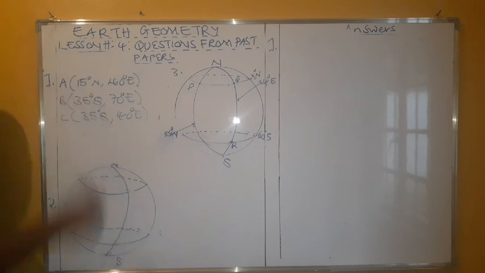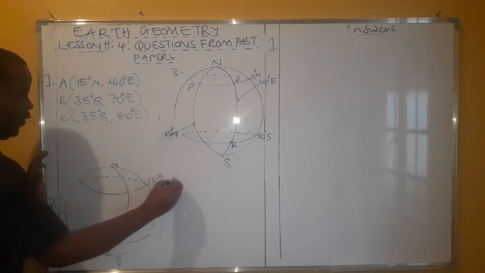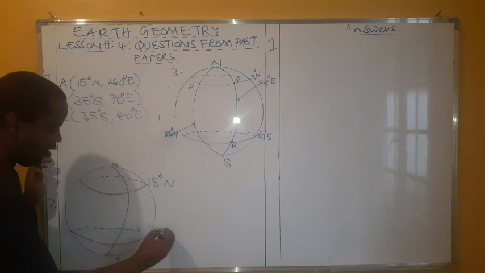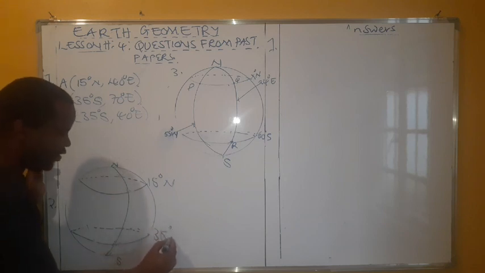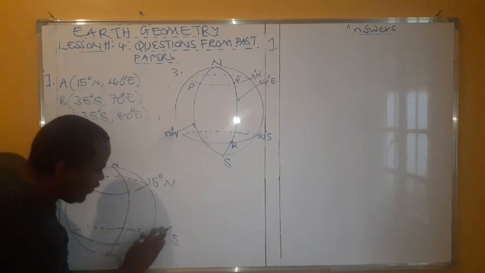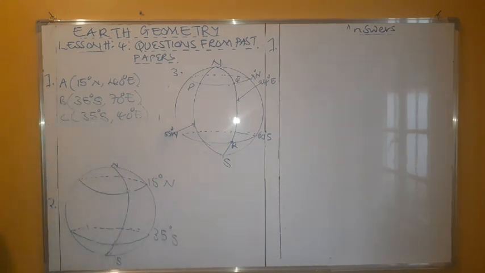So this one on the northern part, we can call it 15 degrees north. Then this one down here, we can name it as 35 degrees south.